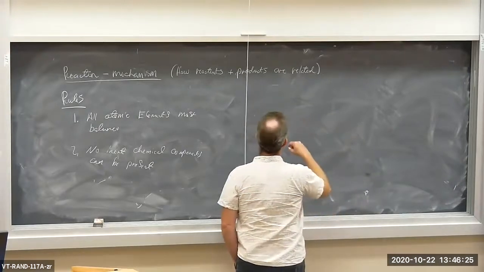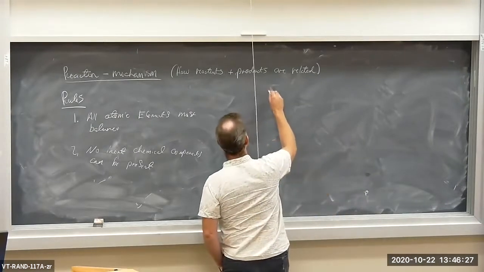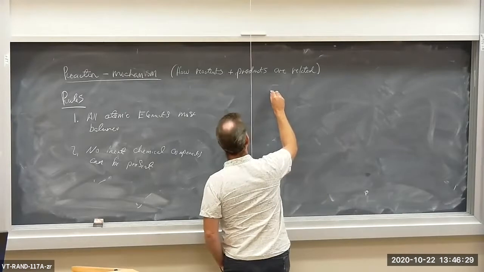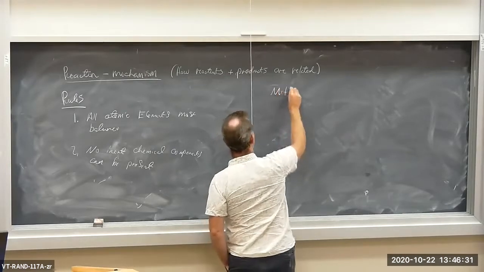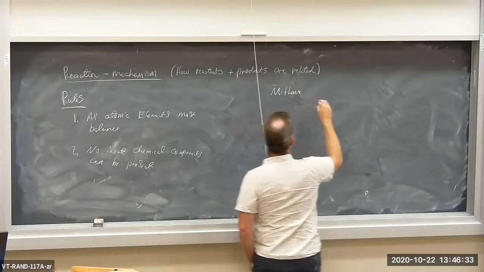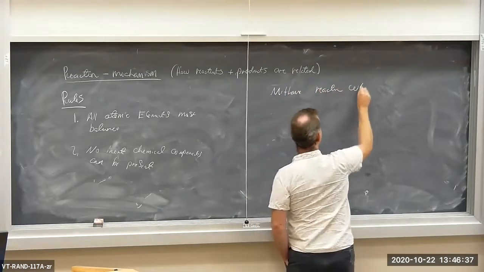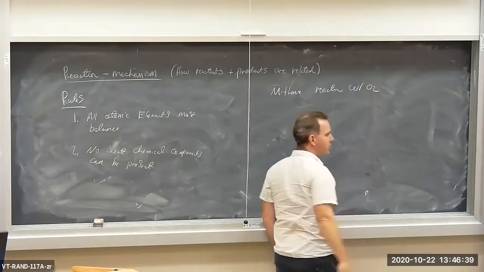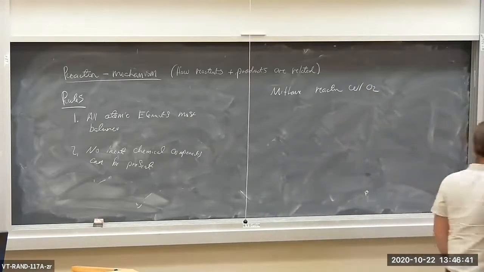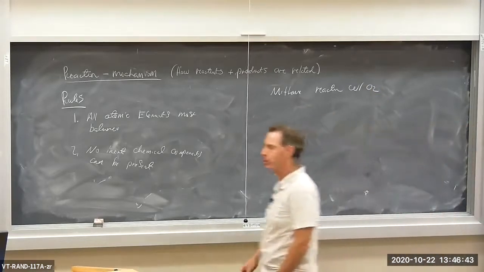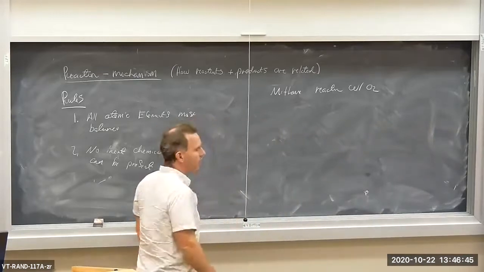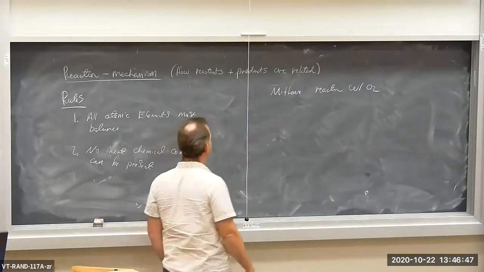Let's say we have methane reacting with O2, oxygen, okay? So let me write down the chemical reaction here for the combustion of methane and oxygen.